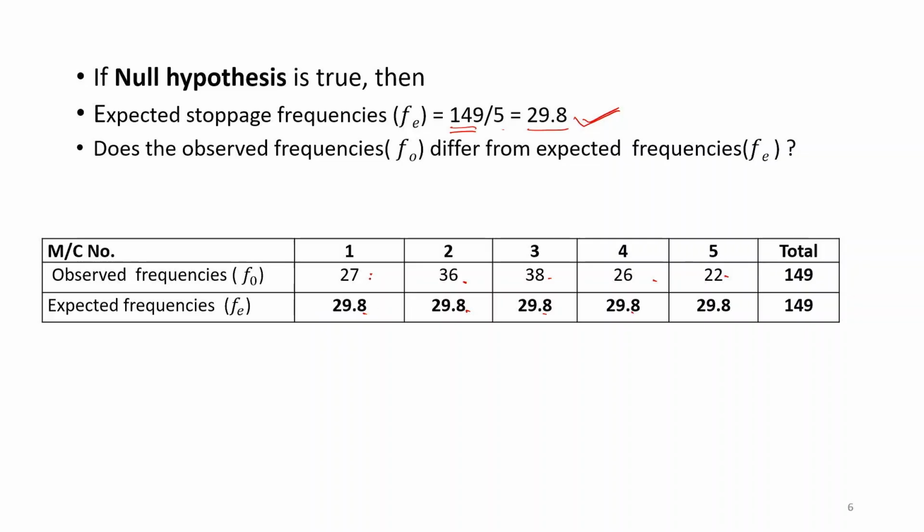So you see, the observed frequency and expected frequencies are not perfectly matching. There is a difference between them. Total is 149. Total here is also 149. Does the observed frequency differ from the expected frequency or not? So what should we do?